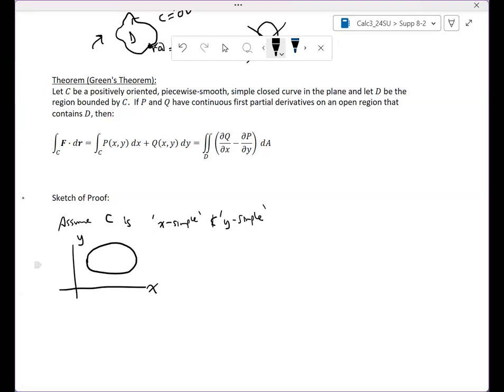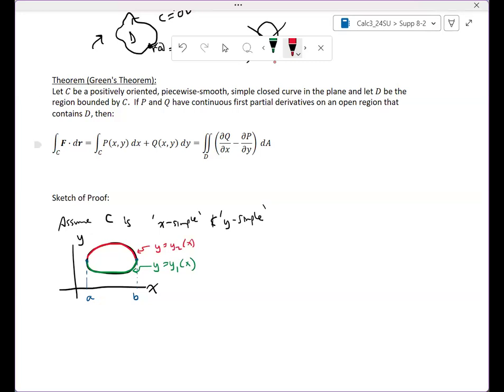If it's true that I can break this area, let's say I'm going from x equals a to x equals b, into a bottom curve, let's call it y equals y1 of x, and a top curve, y equals y2 of x.